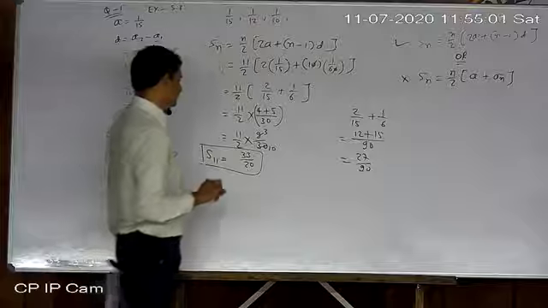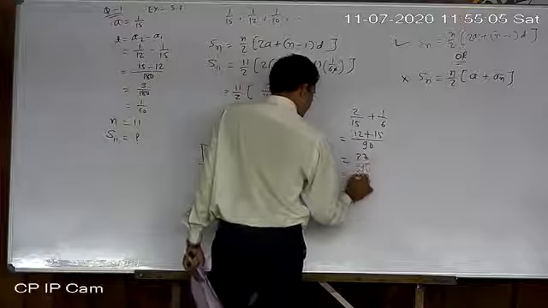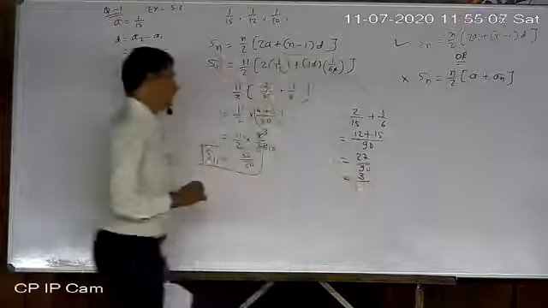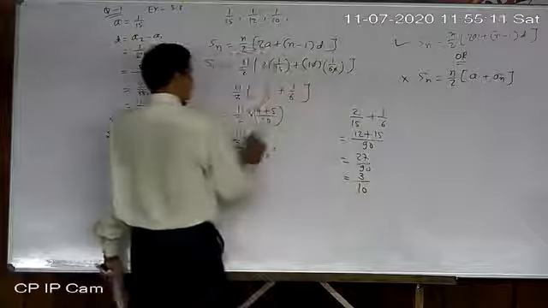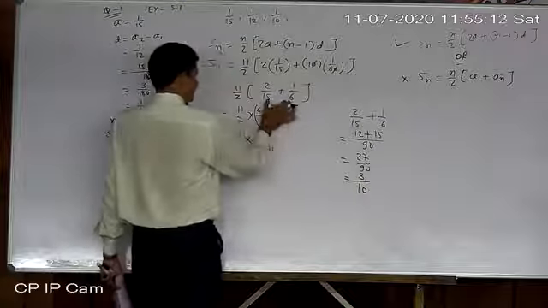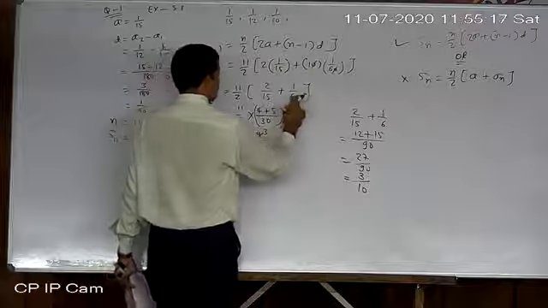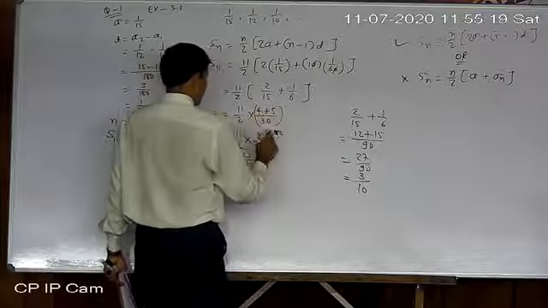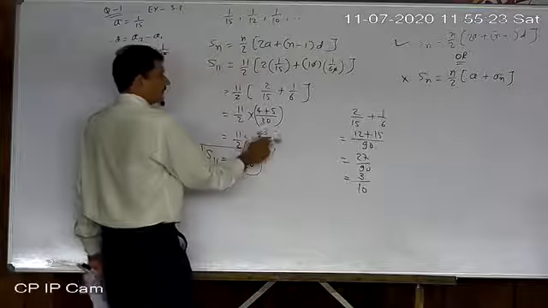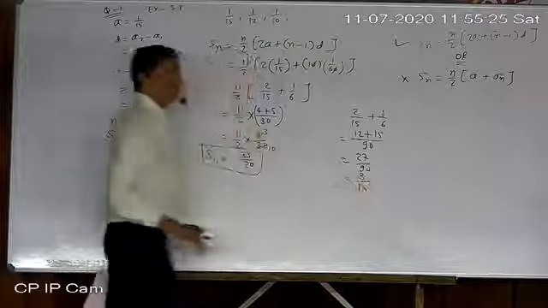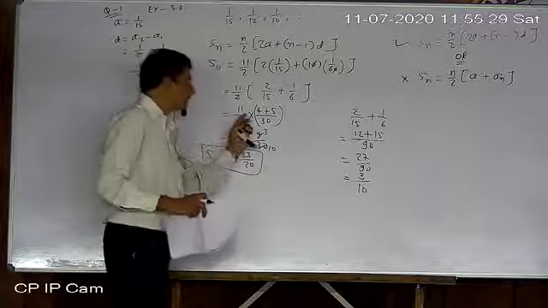Sorry, some mistake is done. 9 3 is 27 and 9 10 is 90, so it is 3 by 10. So here also we got 3 upon 10. Understood? Either way, you can find the same answer.